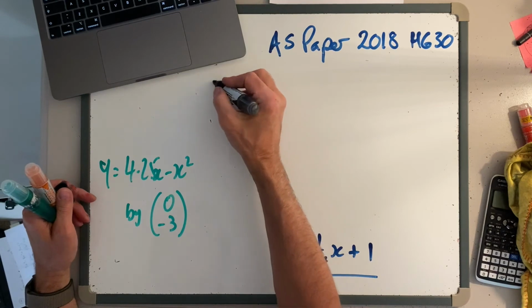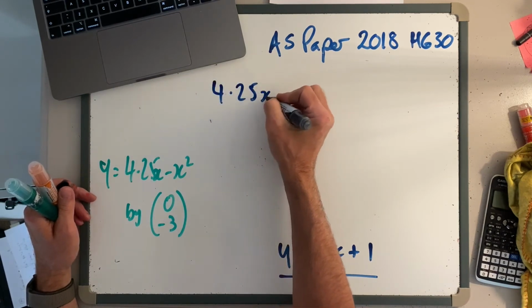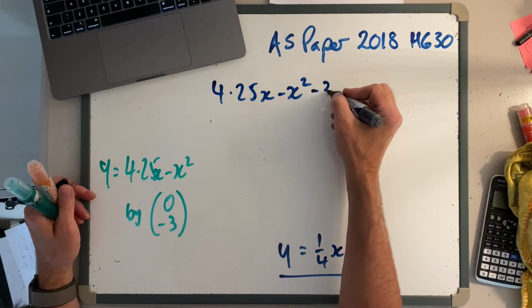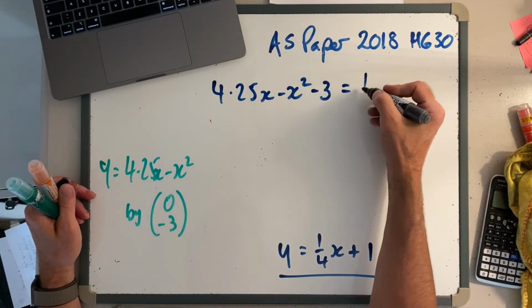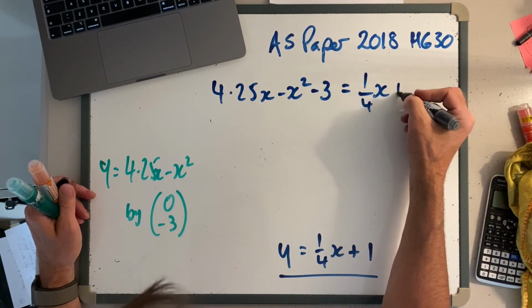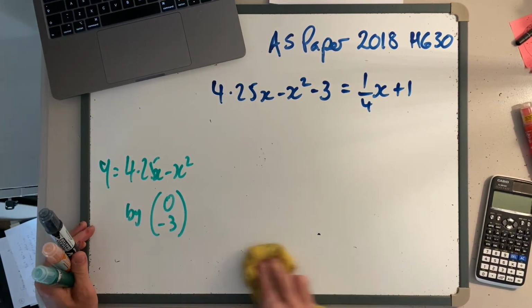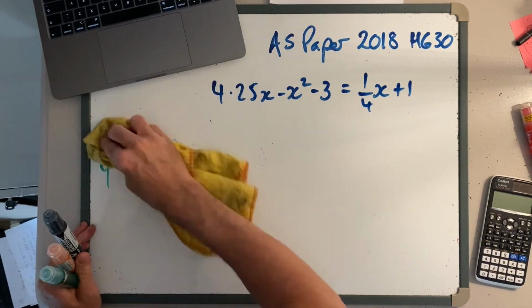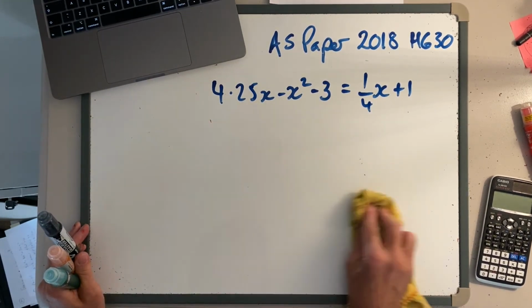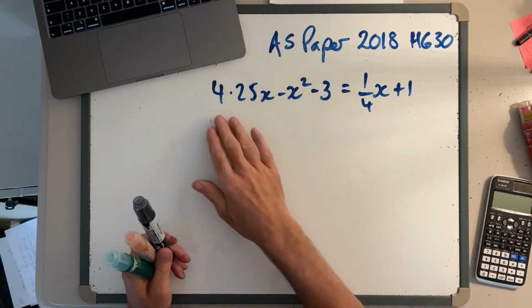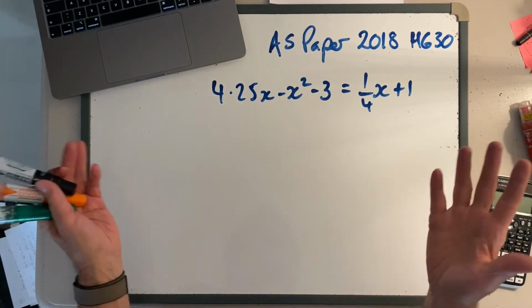So first of all, there's this translation (0, minus 3), so it literally drops it by 3, and that equals a quarter x plus 1. So now what I do is I form a quadratic here and then solve it, and hopefully I get a repeated root, and that will show that it's a tangent.